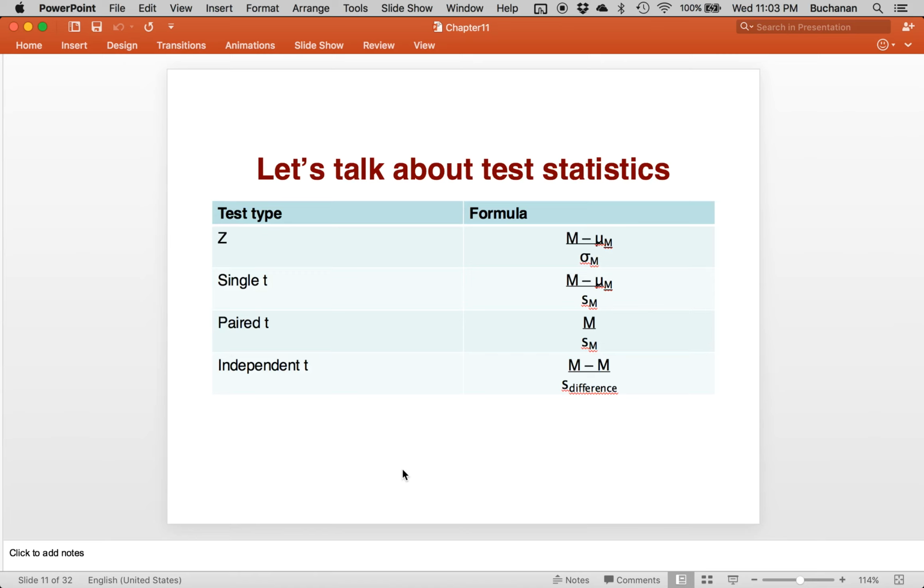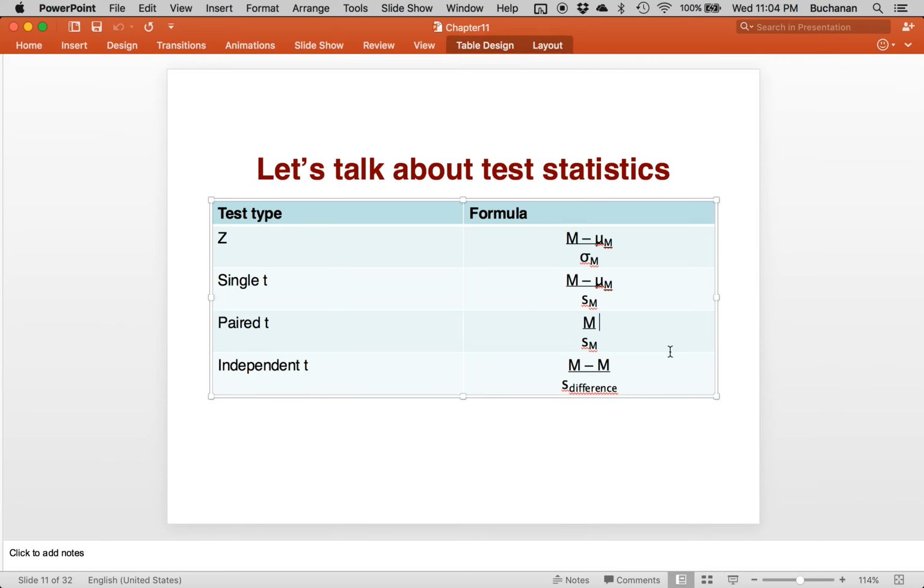All right, so the test statistic, this is step 5, isn't really changing. And I guess one of the big things I really want to stress is that we've done the same thing all year. We've just modified it depending on the type of research design. And so with Z, I had standard deviation, so it's mean minus mean over standard error. Single t is mean minus mean over standard error, which I had to estimate.